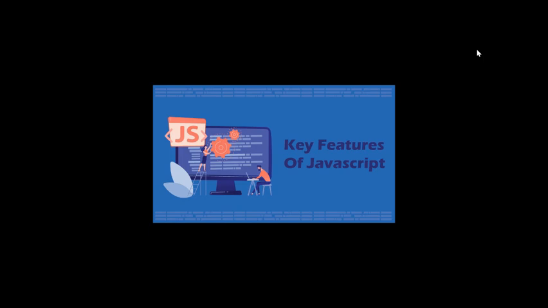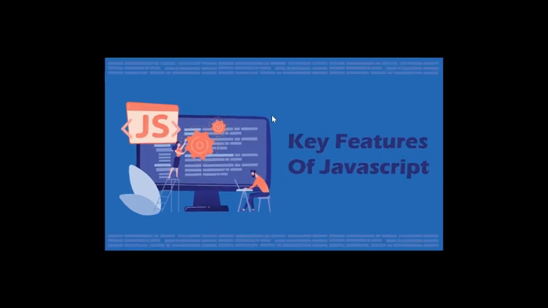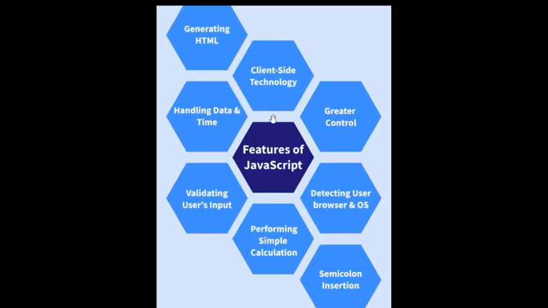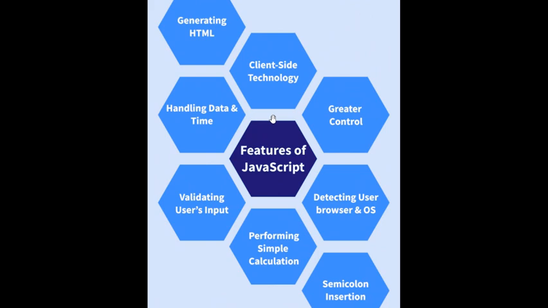To understand why to use JavaScript, we should first know the key features of JavaScript. The key features are it can generate HTML. It is a client side technology, it gives greater control over the user's browser and OS, detecting the user's browser and OS.